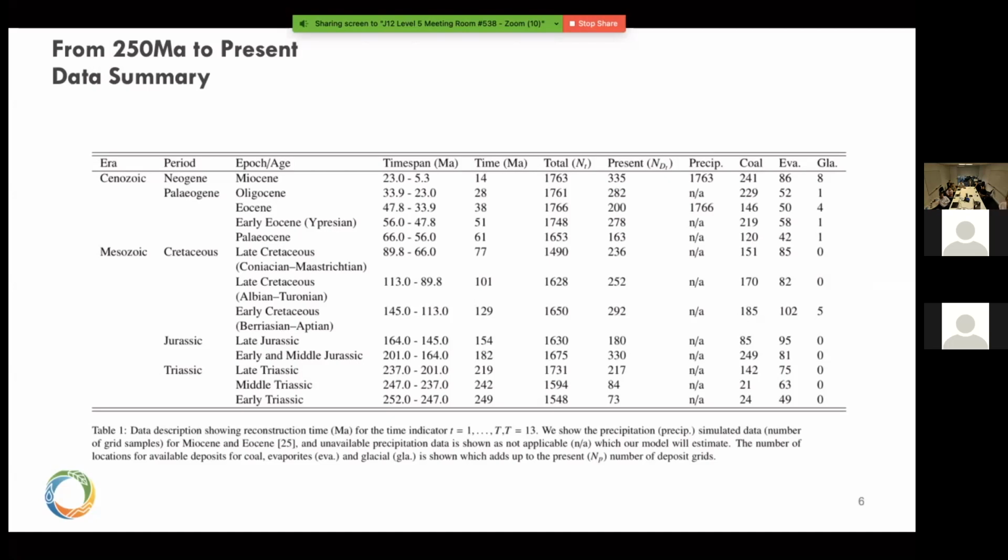Okay, so this is just summarizing what the data structure looked like: the millions of years ago that correspond to the different ages that we wish to predict. These are the number of observations, and I say observations loosely, that we have for each one of these eras.